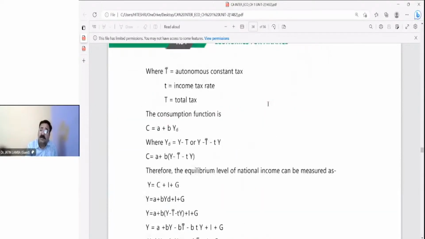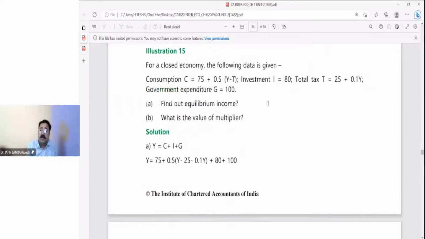Now the other things are the same. See illustration 15. We are going to cover illustration 15. You will get the idea of tax as a function of income.